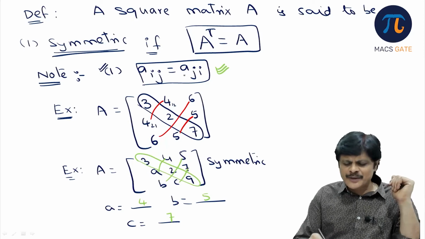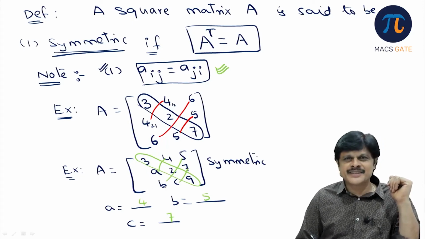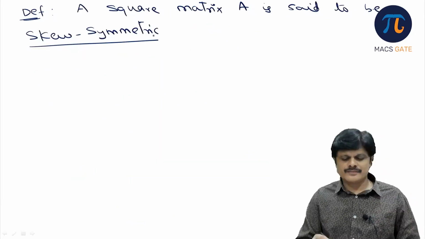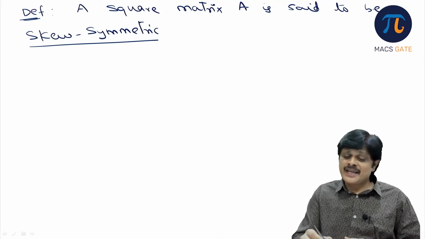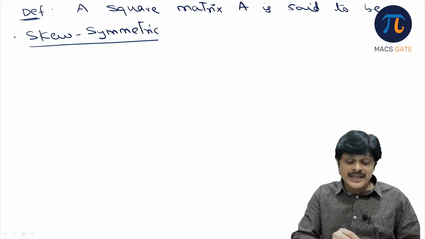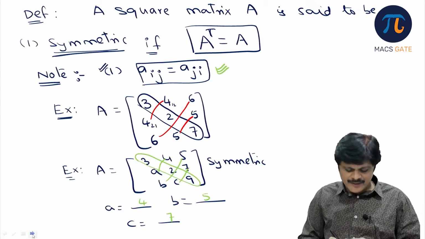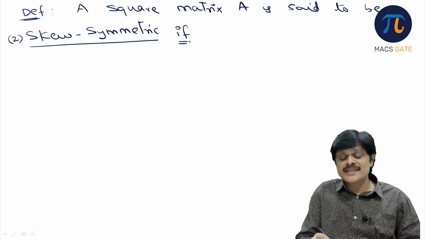Okay, either you can use this general notation or you can just see this mirror images technique to understand symmetric matrix. Let us see the next definition. The next definition: a square matrix A is said to be skew symmetric. The previous one we call it as symmetric, now it is skew symmetric if the following condition is satisfied.